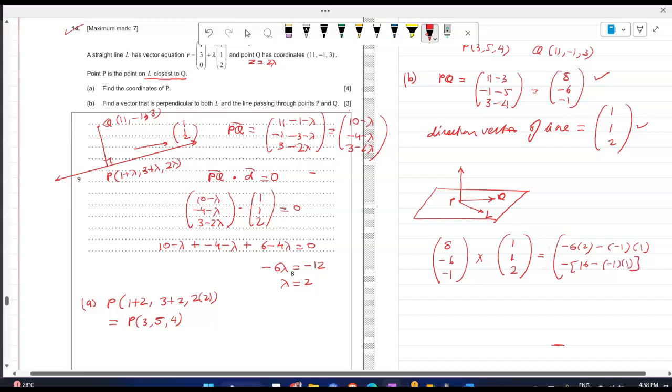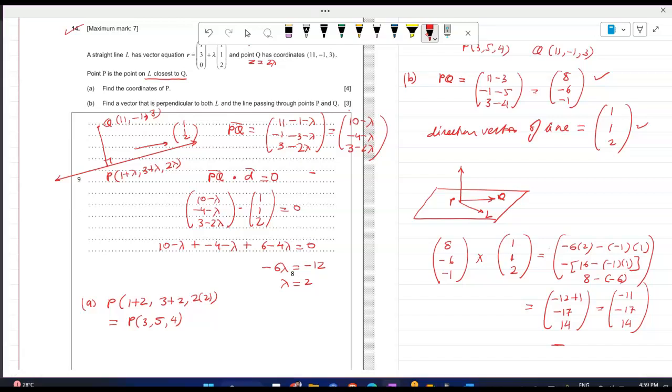Then the next one would be 8 into 1 minus 6 into 1, which gives minus 17, and then 14. So minus 11, minus 17 and 14. So this completes this sum.